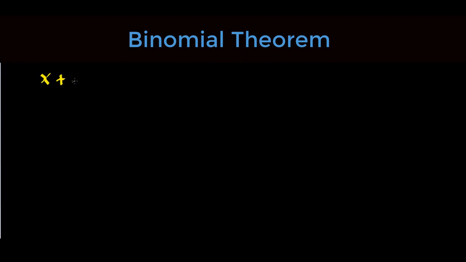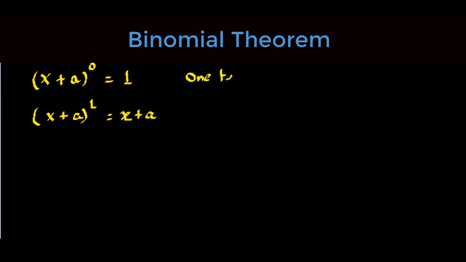Given the binomial expression, if it's raised to the power of 0, we get 1. x plus a whole raised to the power 1 gives us x plus a. So here we have two terms.